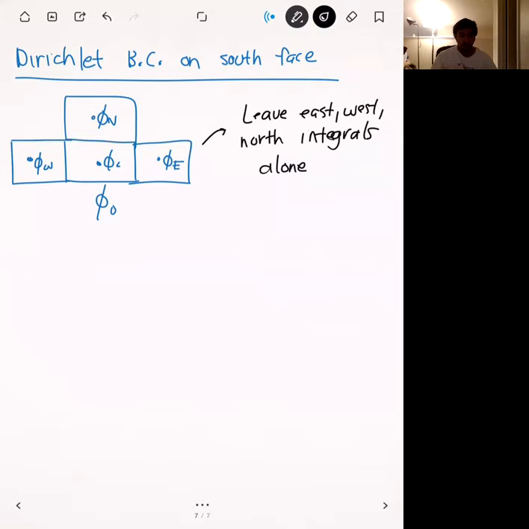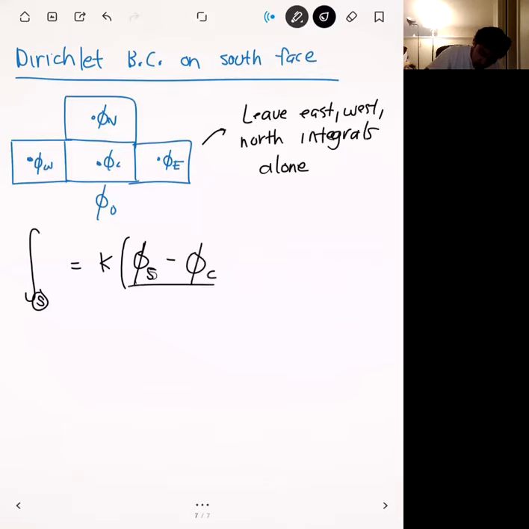The only integral we're going to change is the south one. Normally our south integral looks like the following: we have a positive k times (phi south minus phi c) divided by delta y, times delta x. That's normally what we have for this integral right here.